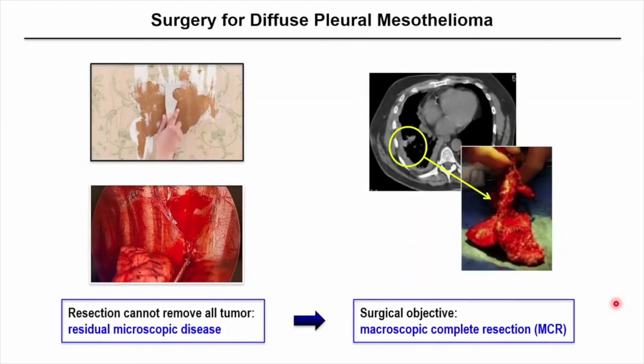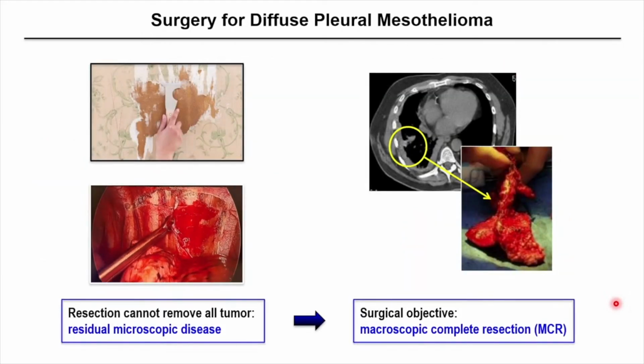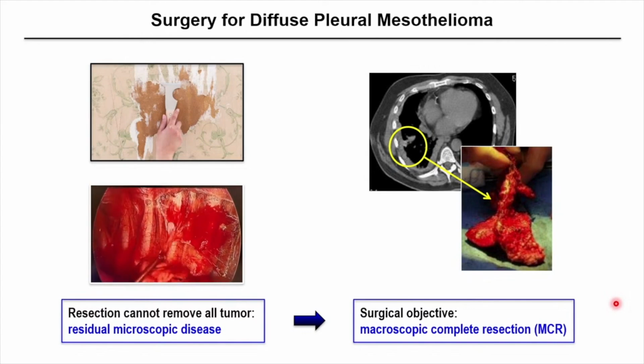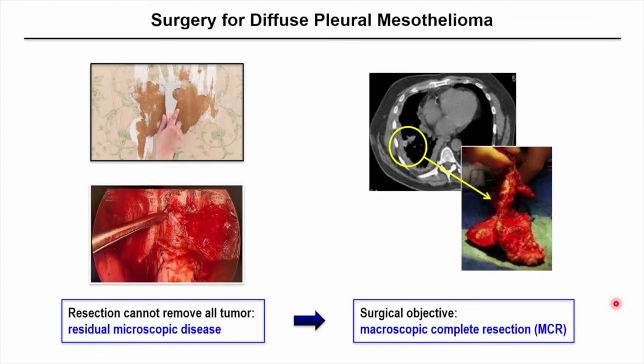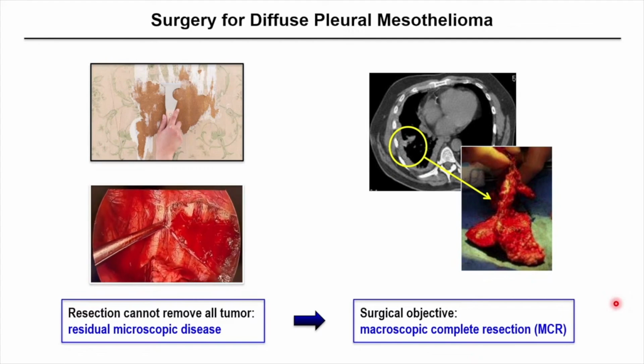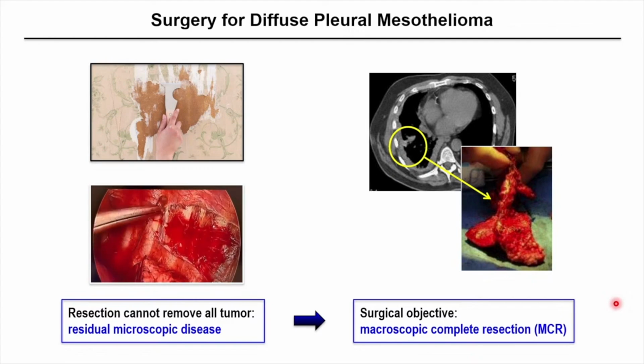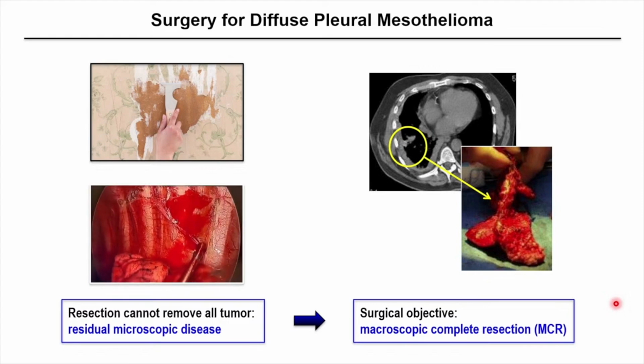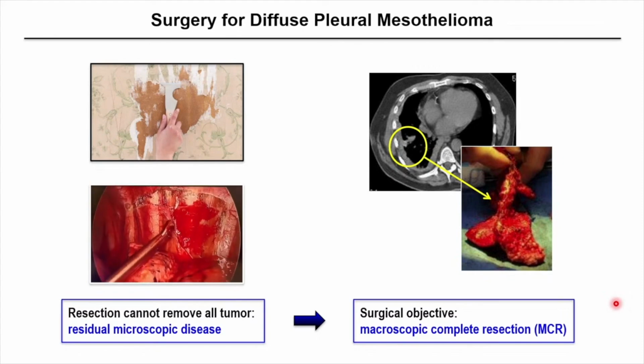Let me show you. So the crux or the Achilles heel for surgery is that the limitation is that with surface cancers like this, we have very inefficient ability to remove all of the disease down to the very last cell. So in essence, what we end up having to deal with is residual microscopic tumor deposits.